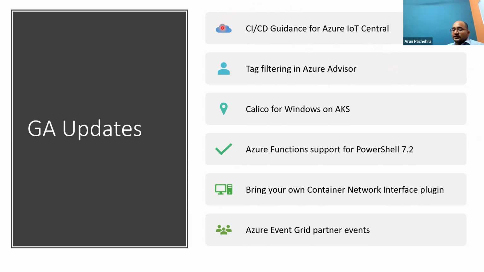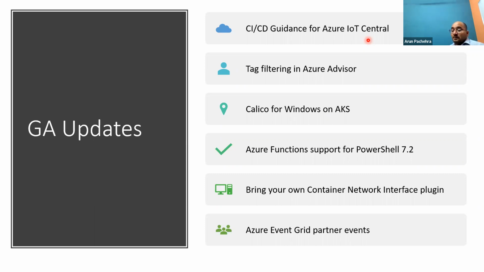So the very first update right here, as you can see, is CICD guidance for Azure IoT Central. Well, let's try to explore it a little further, because continuous integration and continuous delivery refers to the process of developing and delivering software in short, frequent cycles using automation pipelines, agile methodology, iteration, sprints, things like that, right?